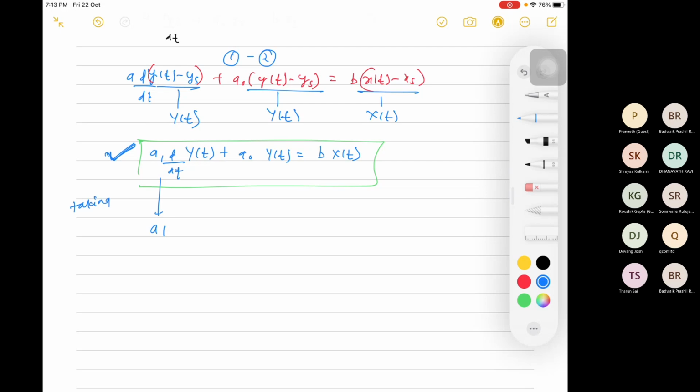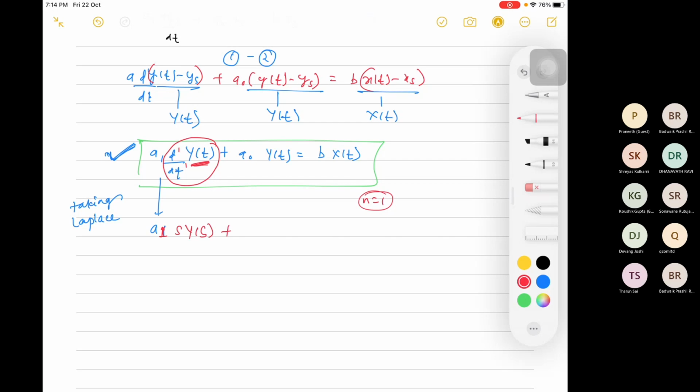Taking Laplace, you are going to get a1 times, what is dy/dt? Its Laplace is s to the power 1, because here you are differentiating once, n is 1. I think you know this. s to the power 1 and y of t becomes capital Y of s. Y of t is converted to Y of s as a Laplace.